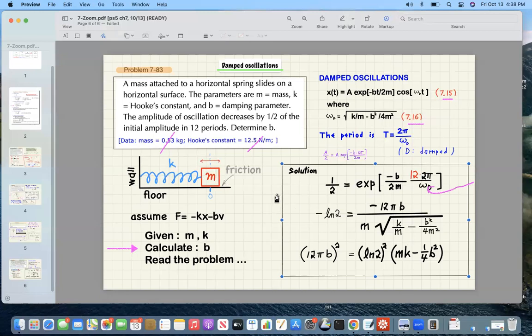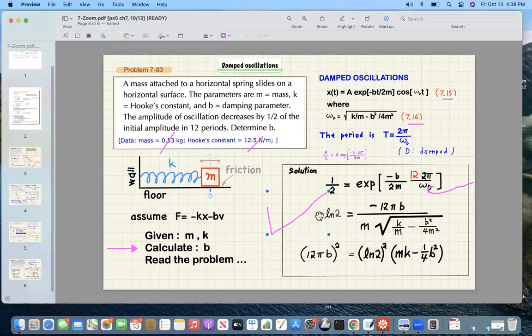Okay, so now we've got the equation down to something which doesn't involve the exponential function. Of course, we have to calculate the log of 2, but you have that in your calculator. So this is something you know. Now it's just algebra at this point. Multiply both sides of the equation by this square root, then square both sides. When you square 12 pi b, you'll get 12 pi b squared. You'll have the log of 2 squared.